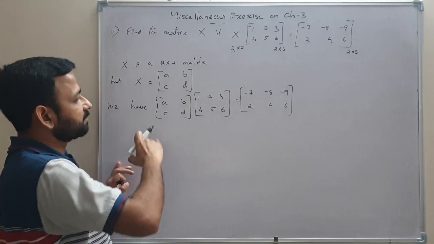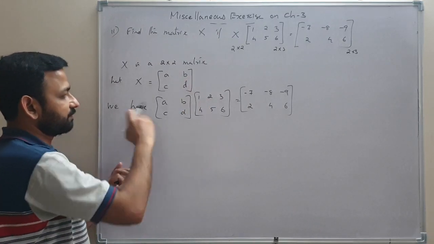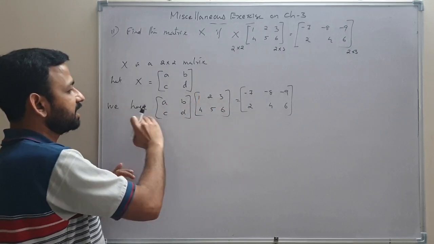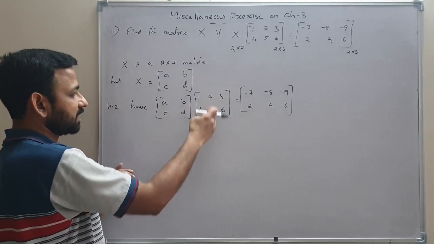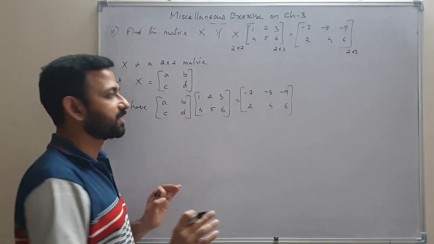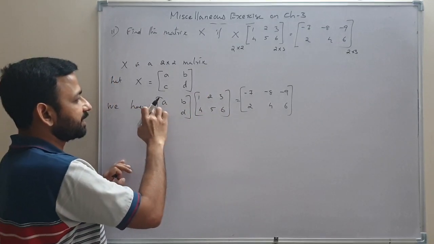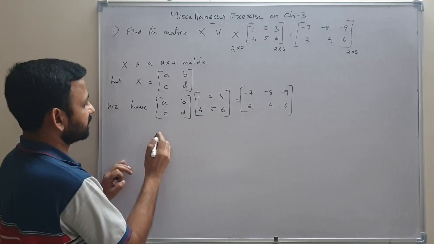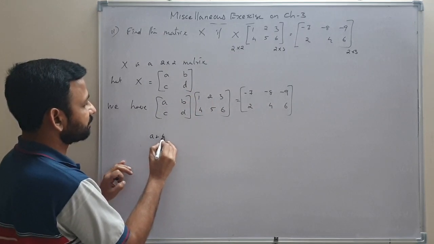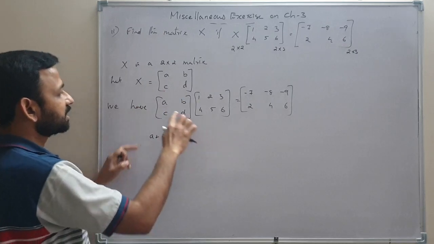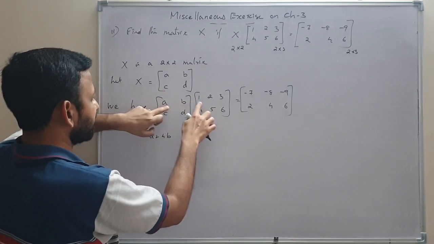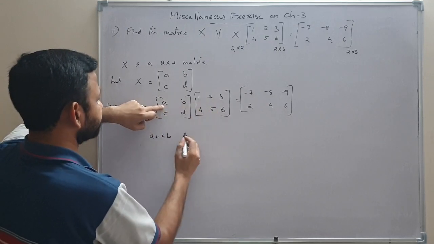So when we find the product, first row into first column, first row into second column, first row into third column, second row into first, second row into second, and second row into third. So for the first element, first row into first column, a into 1, plus b into 4, that is a plus 4b. Then first row into second column, a into 2 plus b into 5, that is 2a plus 5b.